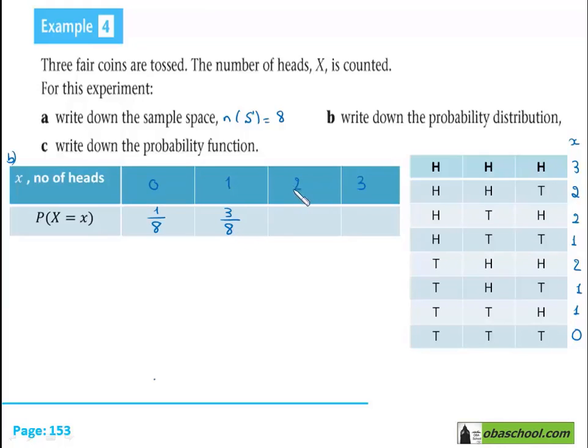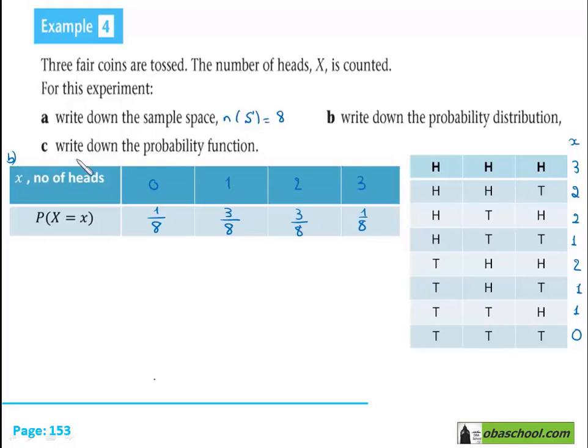How many times did the 2 appear? It appeared 3 times. That means here we write 3 over 8. And finally, the 3 appeared only once, so we write 1 over 8. Now we have constructed the probability distribution. We specified the number of heads and we wrote the corresponding probability for each one by counting the number of the events over the sample space.